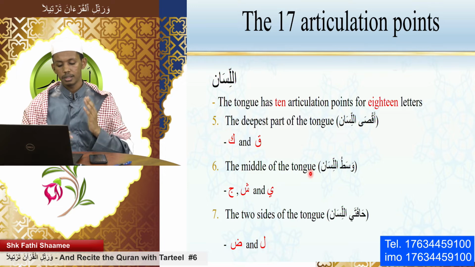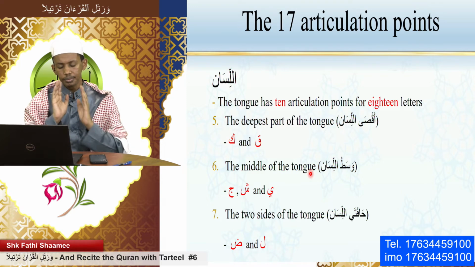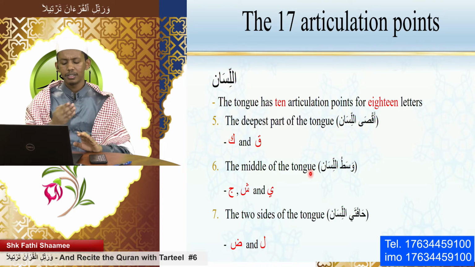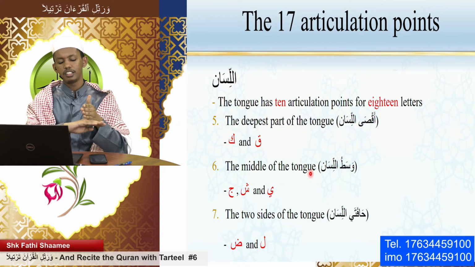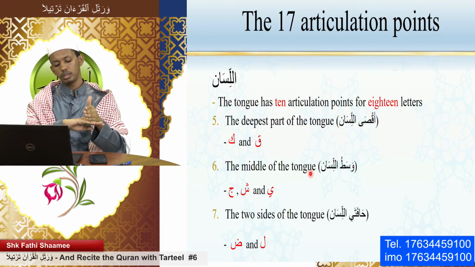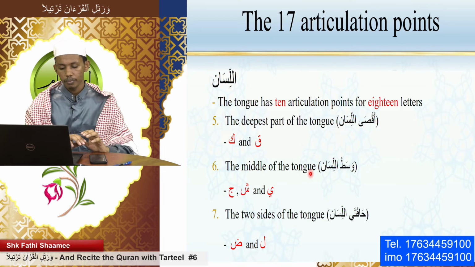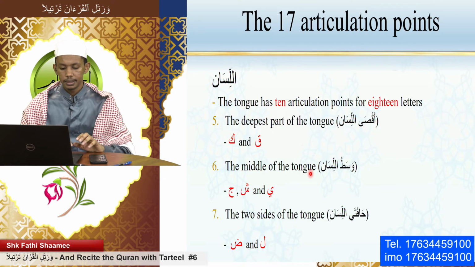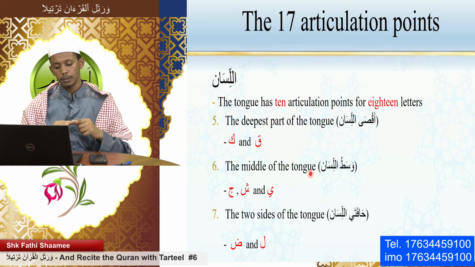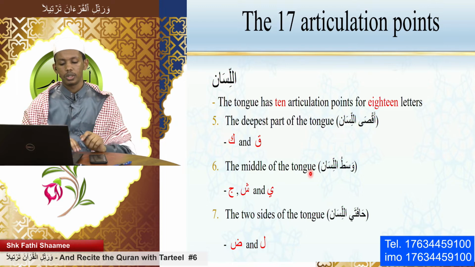The dad comes from the two sides of the tongue that are the back 2/3. The back 2/3 of the tongue is where the dad comes from, but the frontmost 1/3 of the tongue is where the lam comes from. So count that as 2. So this is 7 and 8.